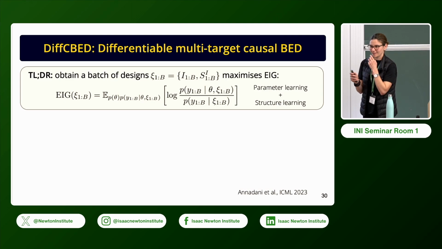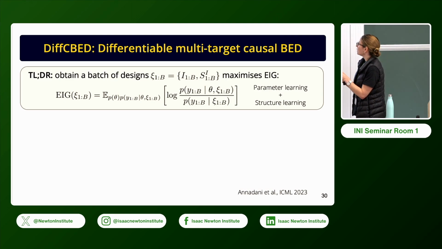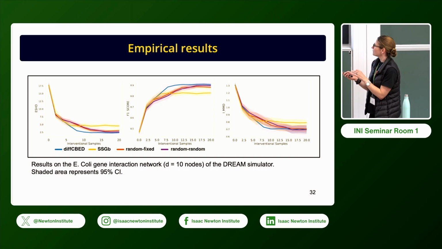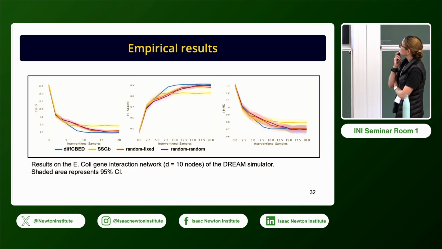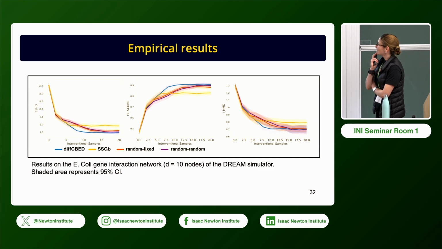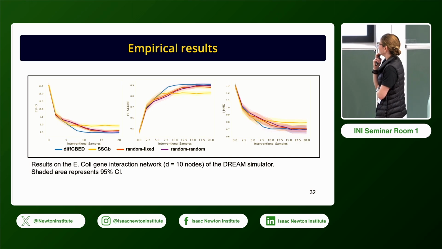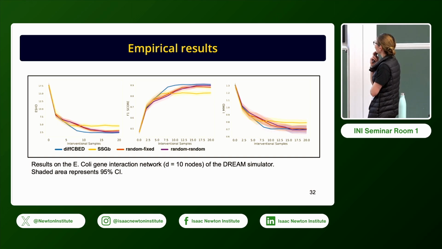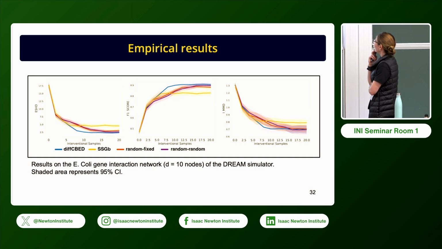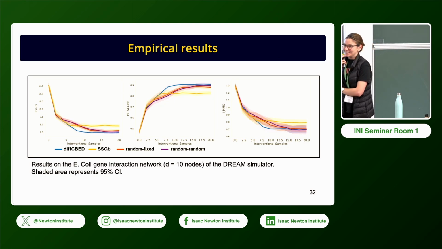Yes. On the results slide, I was surprised by the efficiency of the random policy. In particular, that it's clearly better than the previous method. What is your understanding of that?